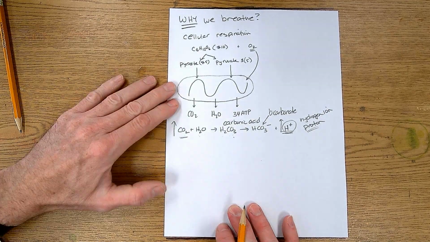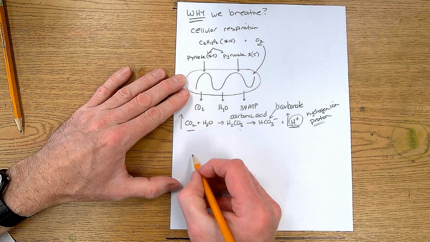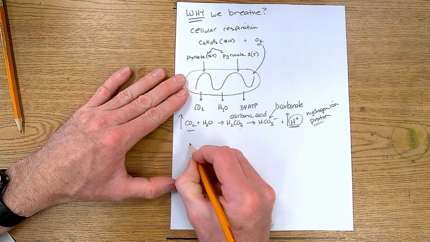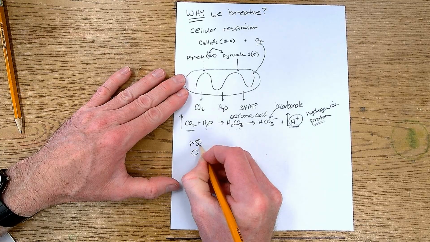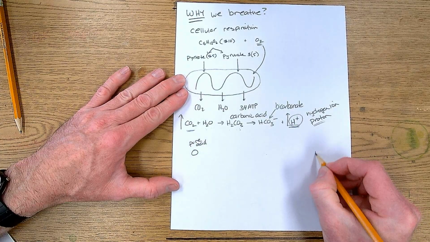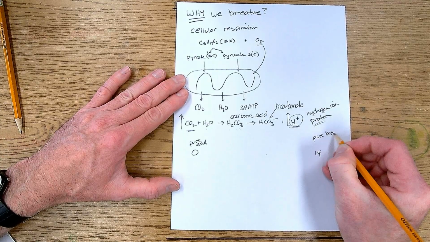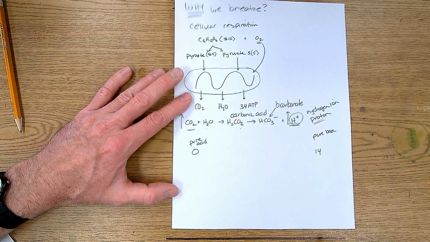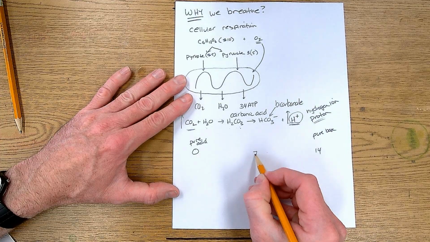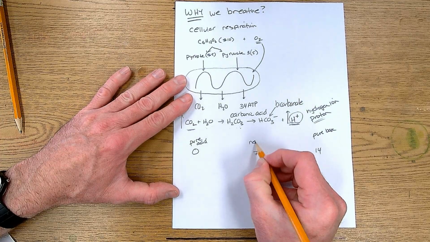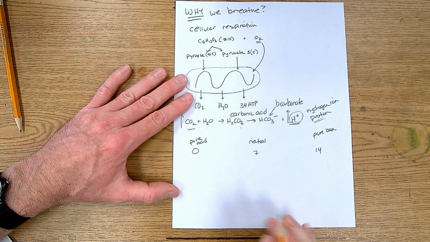Now, what does this mean? Well, we have a scale called the pH scale. Over here, we've got pure acid. And over here, we've got pure base. Right smack in the middle, we've got 7, which is neutral. There are no units for the pH scale.